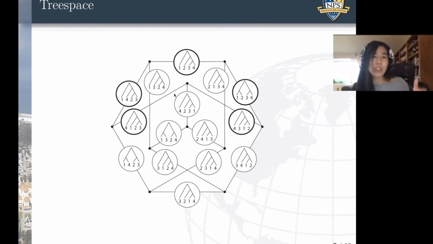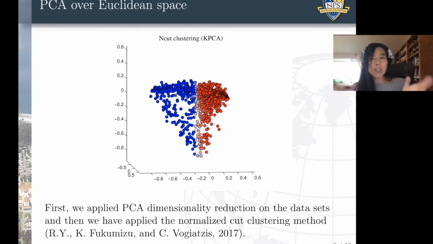If you directly apply classical PCA, we get something that's not really right; as you saw earlier, you might see two clearly separated clusters even though they are actually not.